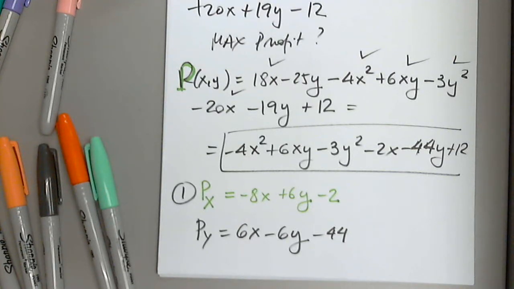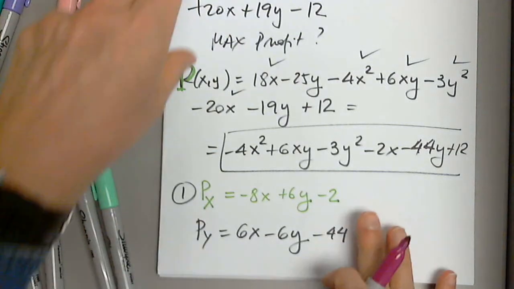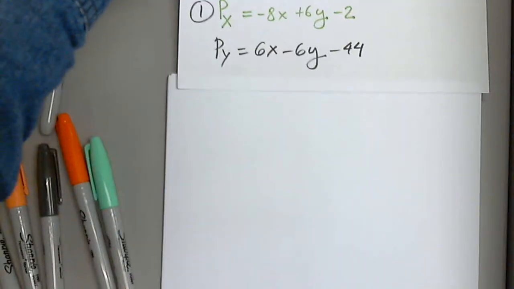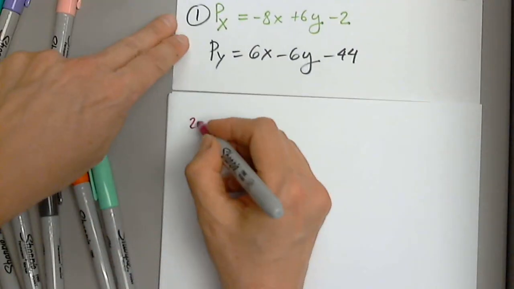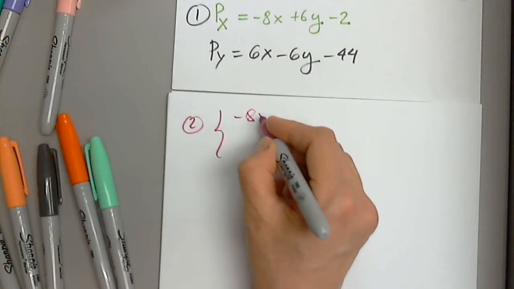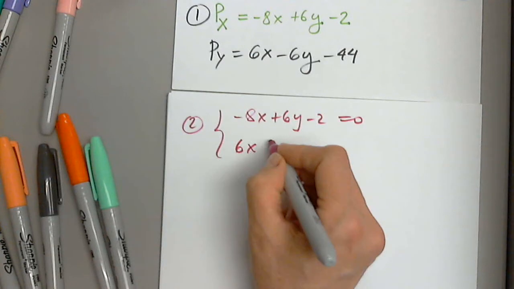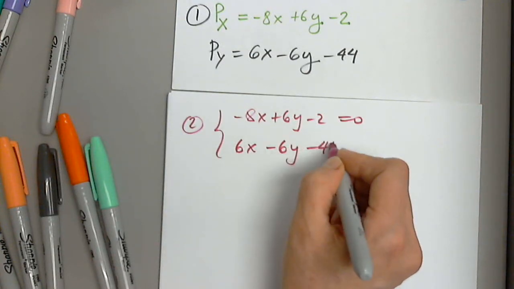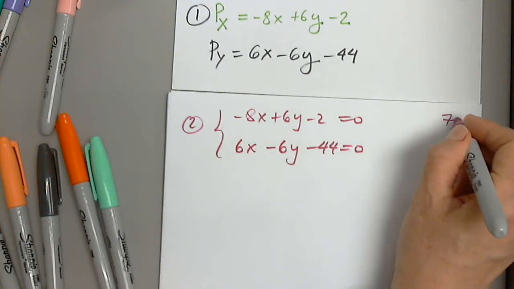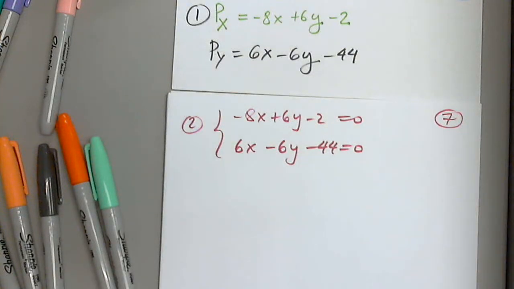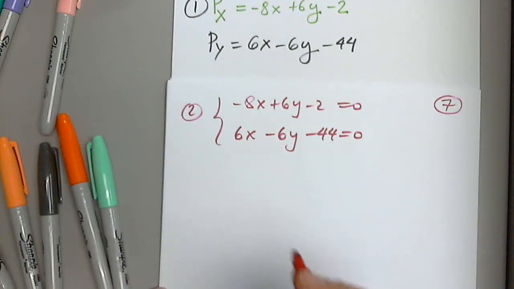System. A system, very good. And solve the system. Perfect. Number 2. Negative 8x plus 6y minus 2 equals 0. 6x minus 6y minus 44 equals 0. Let's arrange it in the correct order, moving the free terms to the other side.